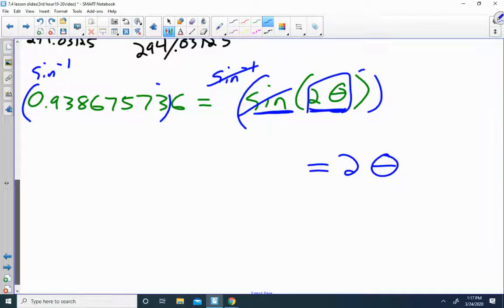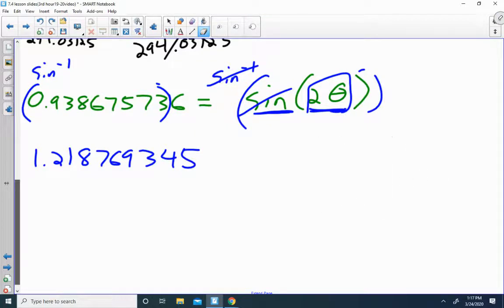On this side, you'll do sine inverse of this entire decimal. And you should get this, 1.218769345.